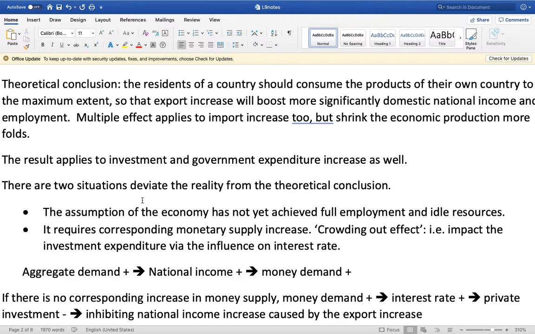Another assumption is that it requires a corresponding monetary supply increase. That is the crowding out effect, the impact on investment expenditure via the influence on the interest rates. The aggregate demand increase will cause the national income increase and the monetary demand increase.